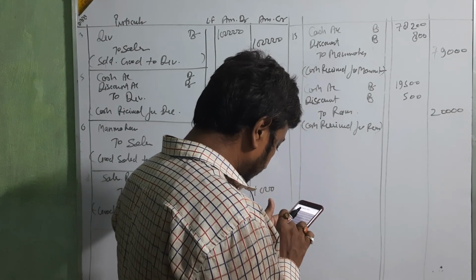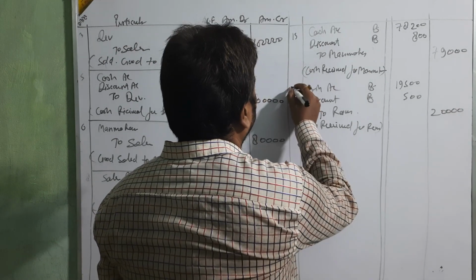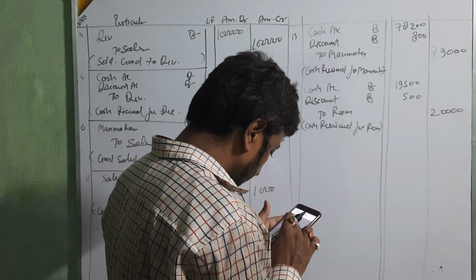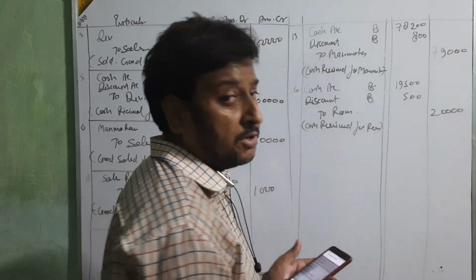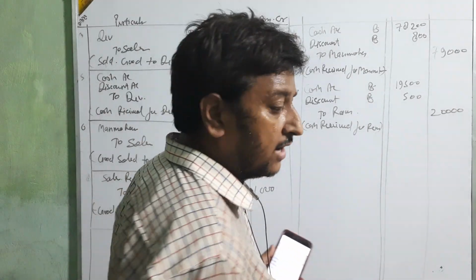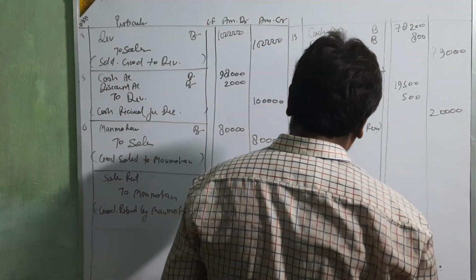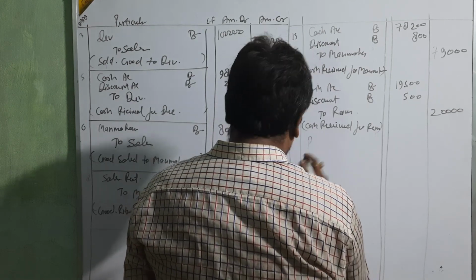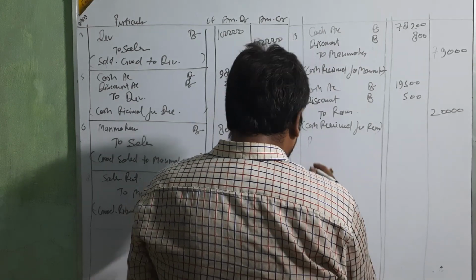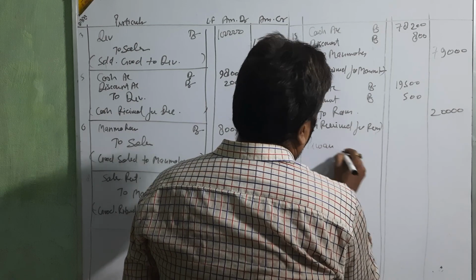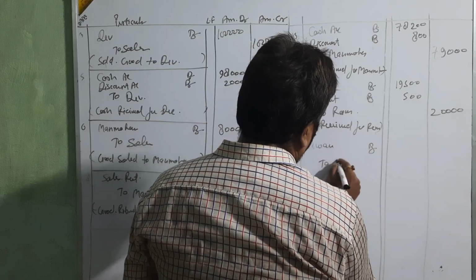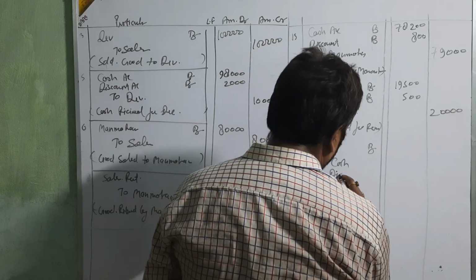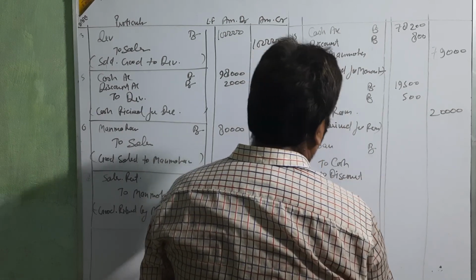And next is the 60. Cash paid to Pawan and discount received. You are going to pay to Pawan, so Pawan will receive beta. So Pawan received means Pawan debit, and you are paying means cash credit, and discount you are receiving credit.